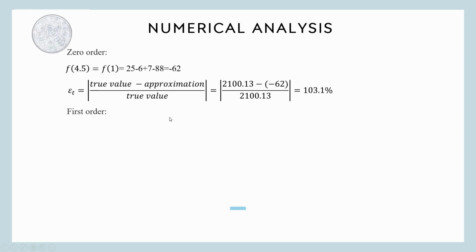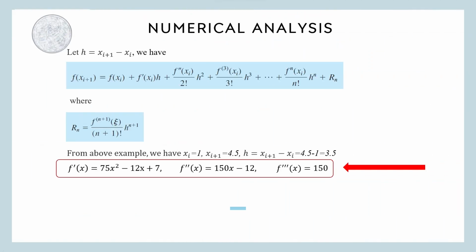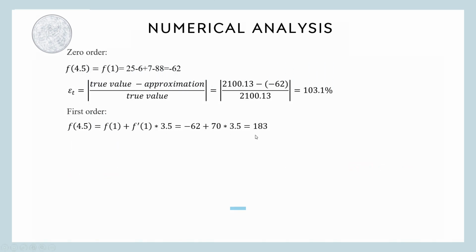Now we want to calculate the first order. First order means we keep the first two terms. The first two terms are this. Now we plug in and evaluate f(1) and the first derivative of f(x), which we already know. Plugging in, we get 183. Again, we calculate the relative error.